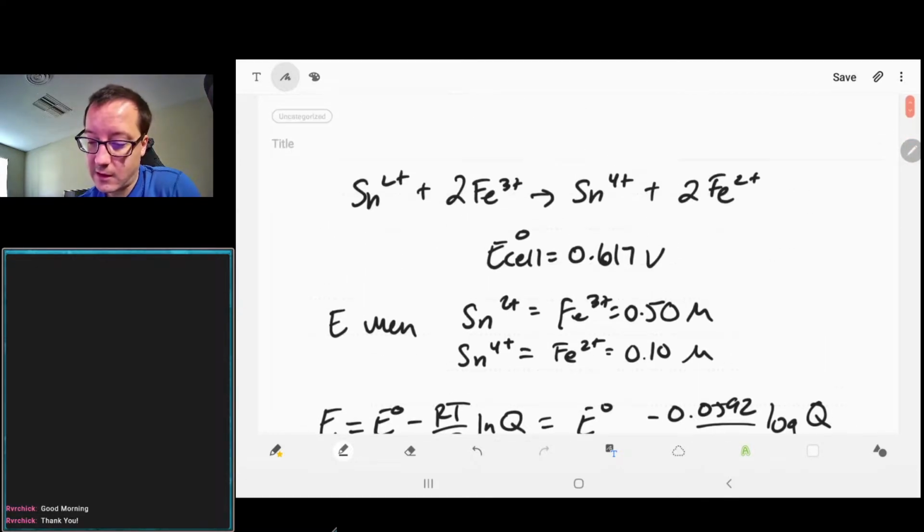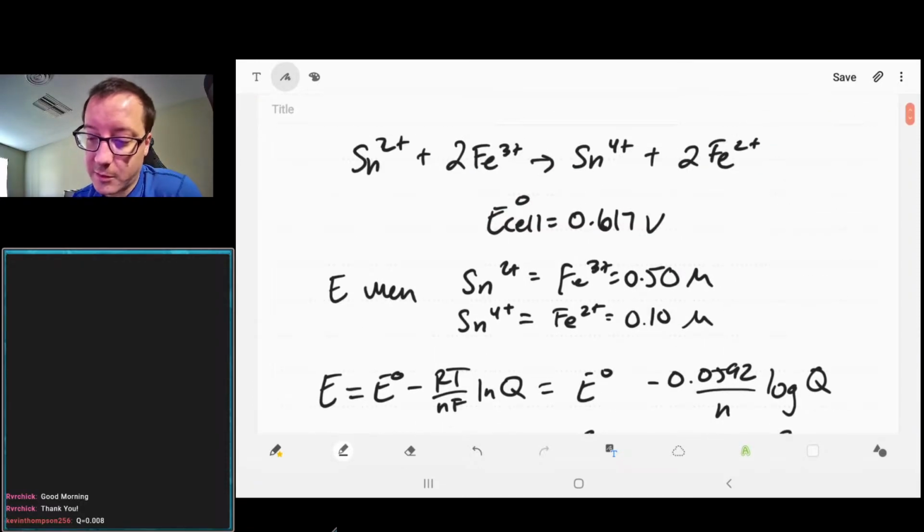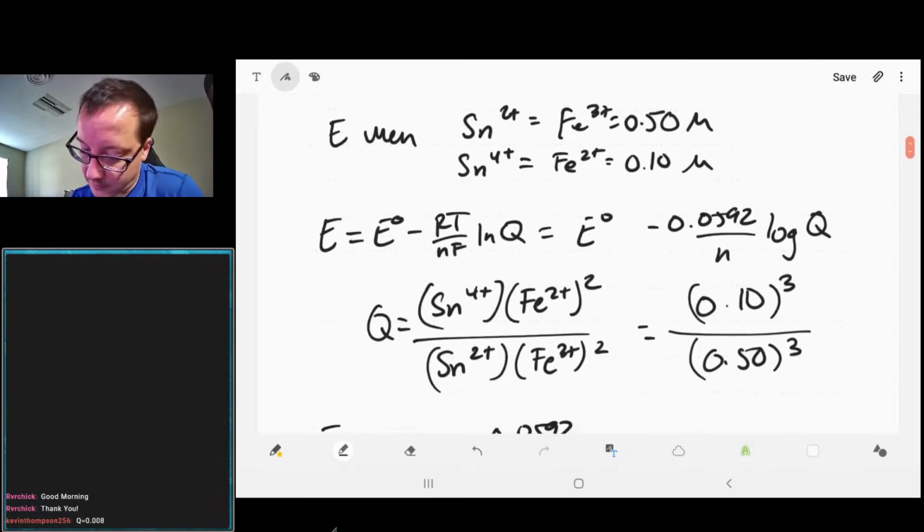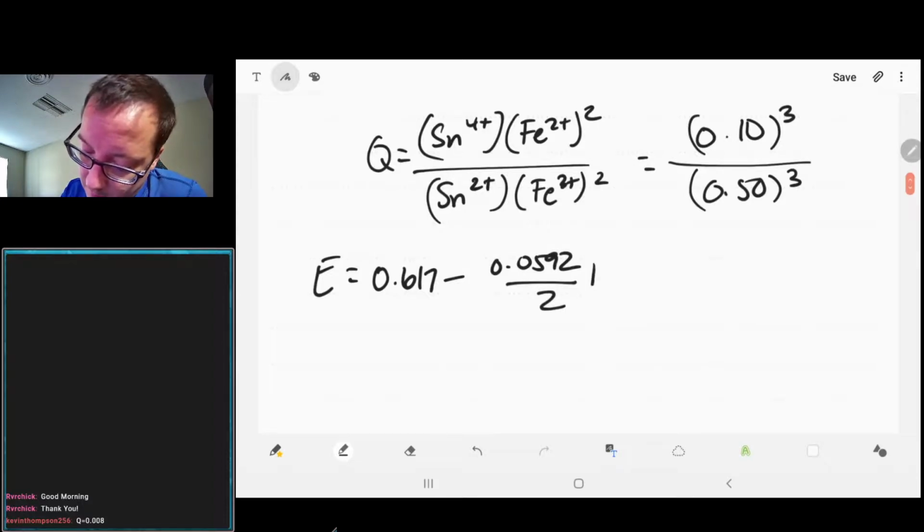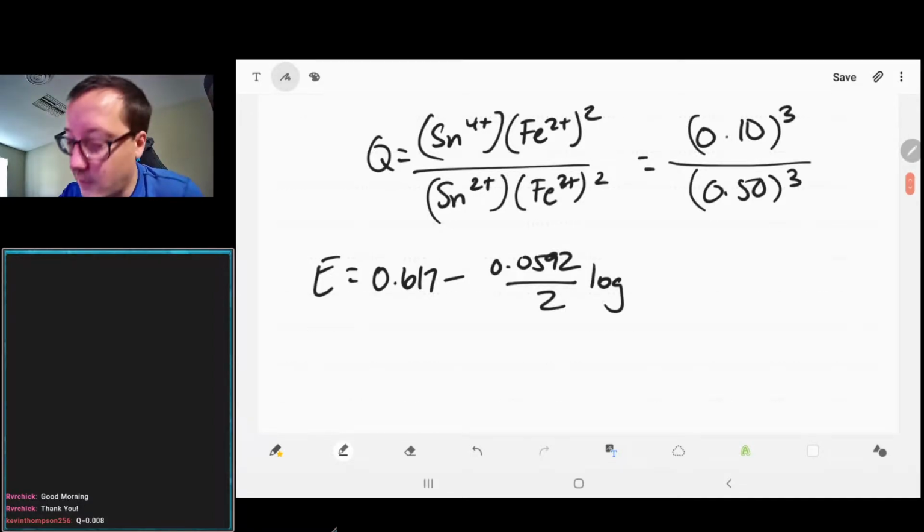How do we know that? If you really want to do half reactions, you could. But you'll see that we have tin 2 plus going to tin 4 plus. So that is very clearly 2 electrons, right? Or you have 2 iron 3s going to 2 iron 2s. That's another 2 electrons. And then we have log of Q, and apparently we've got Q as a numeric answer.